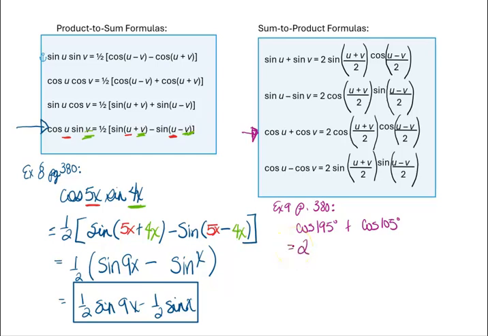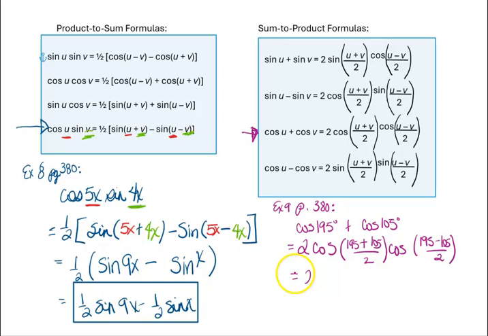So I get 2 times the cosine of u, which is 195, plus v, which is 105, divided by 2, times the cosine of u, which is 195, minus v, which is 105, divided by 2.